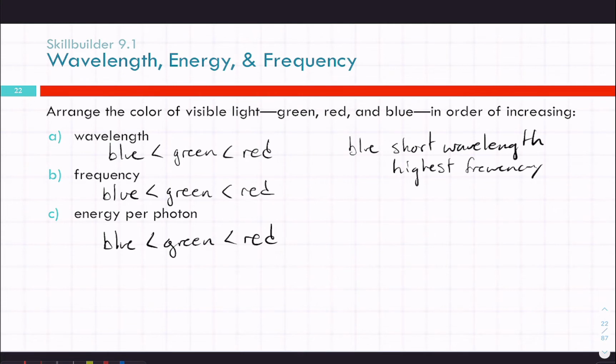I said the shortest frequency, because I was thinking of the shortest duration between things. But frequency would be the number of waves. So it's switched, right? It felt off. So it should be red, green, blue.